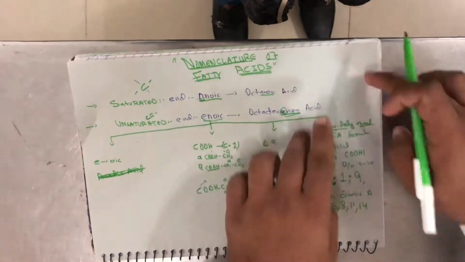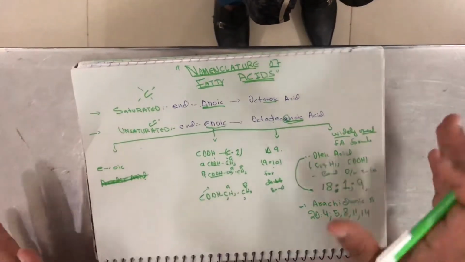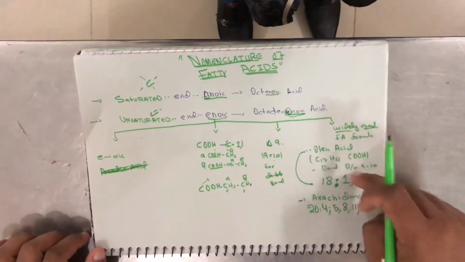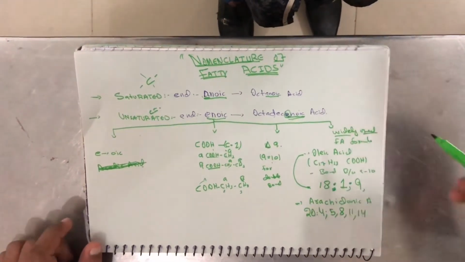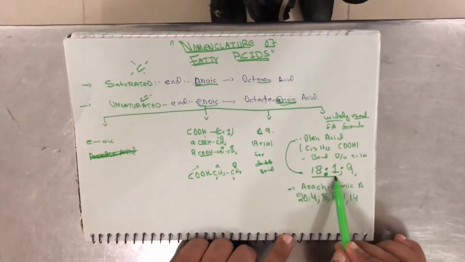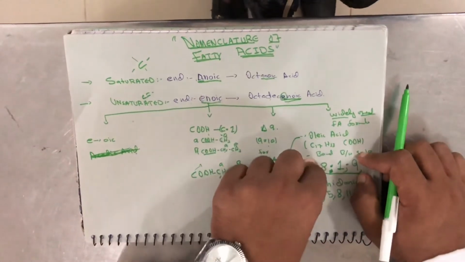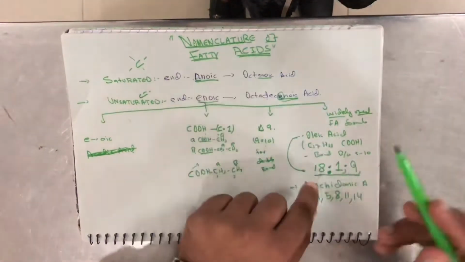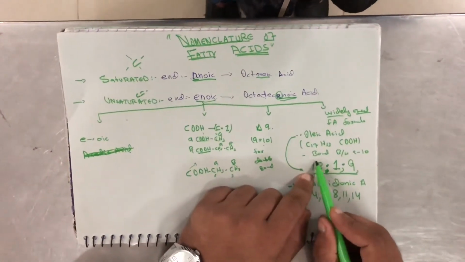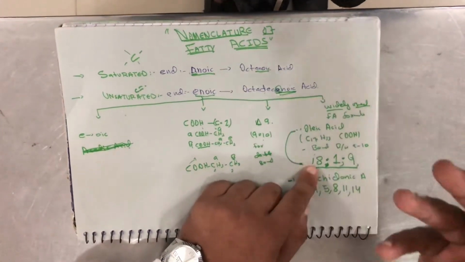Now let's move toward the fourth nomenclature, which is widely and mostly used for fatty acids. We use this formula to denote any fatty acid. If you remember this formula, you remember everything. The first number always shows the number of carbon.